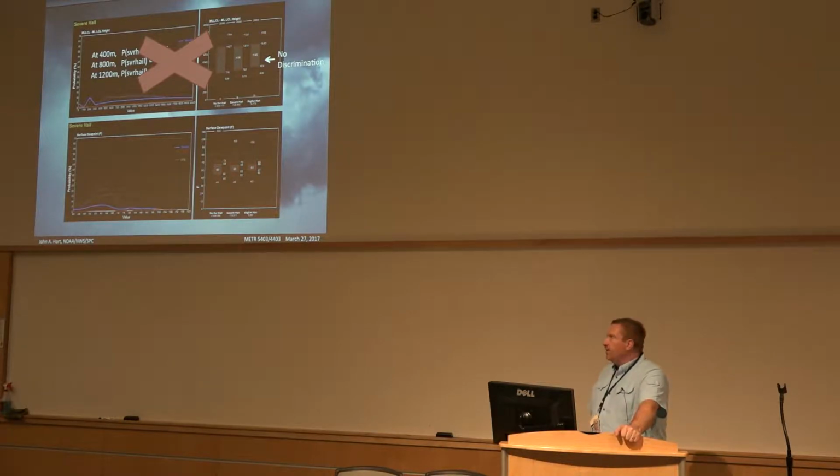Surface dew point, same thing. If you look at the histogram lines, which are the faded ones in the background, there's definitely a range there when there are thunderstorms: most thunderstorms occur with surface dew points between about 50 and 70. And there's just the slightest bump through that.